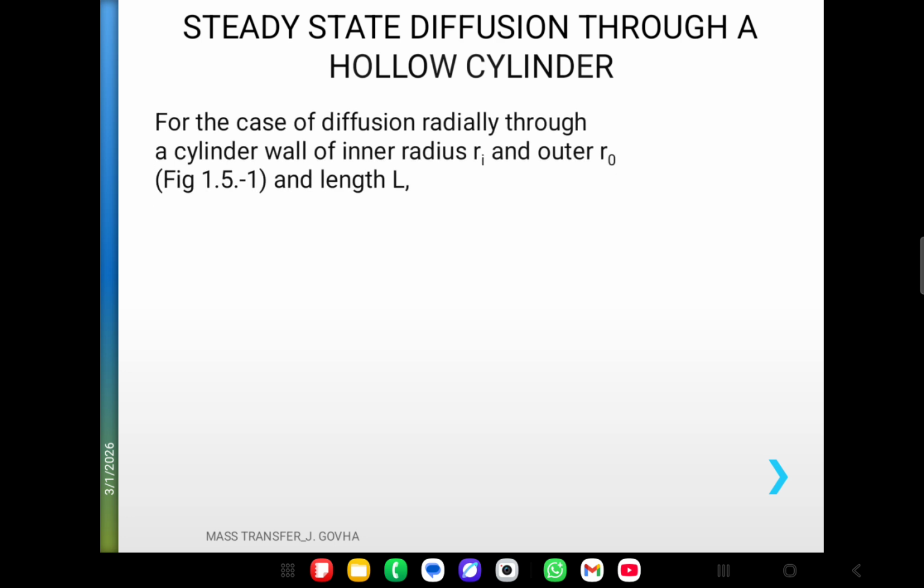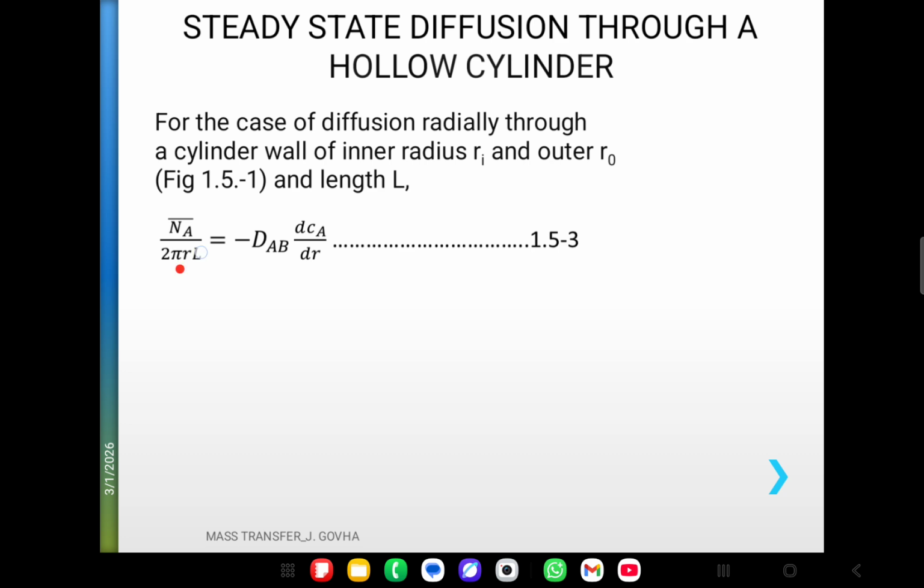We can also look at that equation for a hollow cylinder, where the rate in kg per second divided by the area is equal to minus DAB dCA over dr, which we also need to integrate.